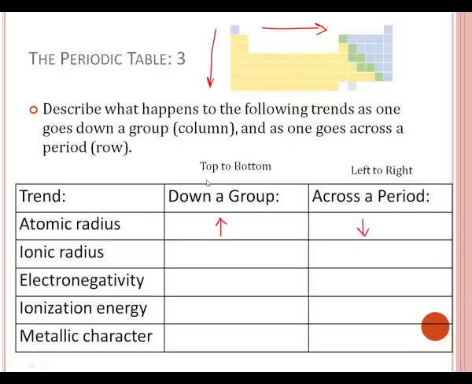So whenever an element loses an electron, the attraction between the remaining electrons and the nucleus becomes stronger. So the ionic radius becomes smaller. So that means that as we go down a group and we lose an electron, the size of the ionic radius is going to decrease.